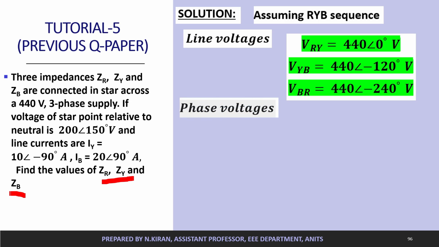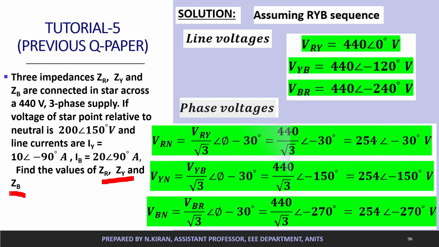So phase voltage will be, since this is a star connected system, magnitude 1 by root 3 times the line voltage, and every phase voltage will lag by 30 degrees from its respective line voltage. Thereby, I can find the values for VRN, VYN and VBN.